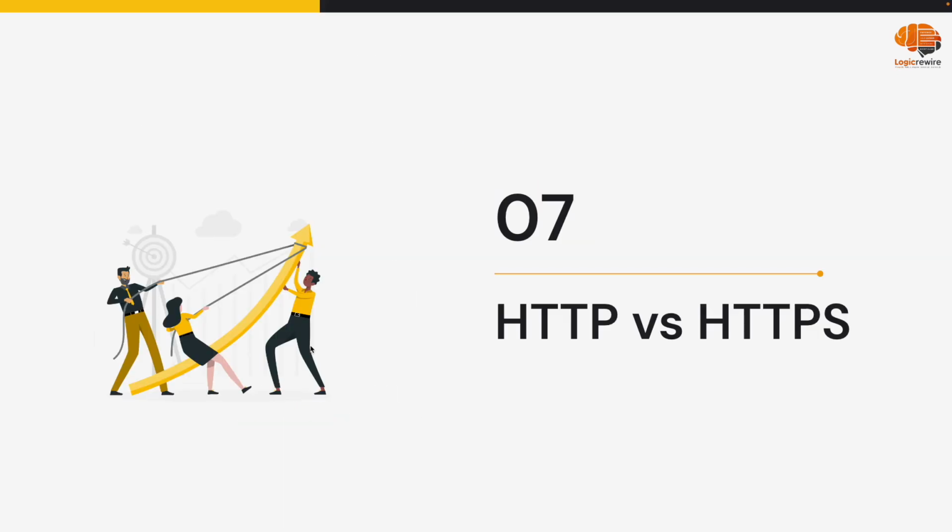Okay, now HTTP versus HTTPS. As we know, HTTP is used for communication between the client and the server, right? So why does HTTPS have one extra S? HTTP is only used for communicating between client and server, but there is no secure talking via HTTP.